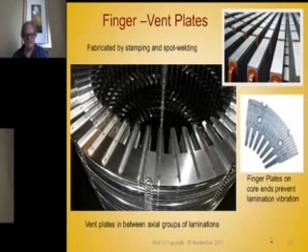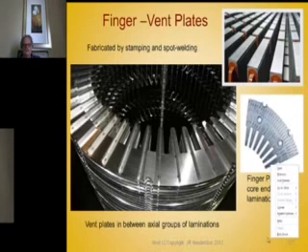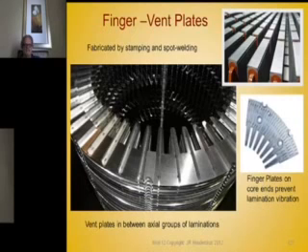But now here's an example of vent plates. This is not a finger plate, that's a vent plate, and the vent plate is made of a heavy piece of lamination with some little pieces on it used for support. They're spot welded on there, and you see these are little spot welded bars that come up that, when you put the next group of laminations on top of this, provide a space.